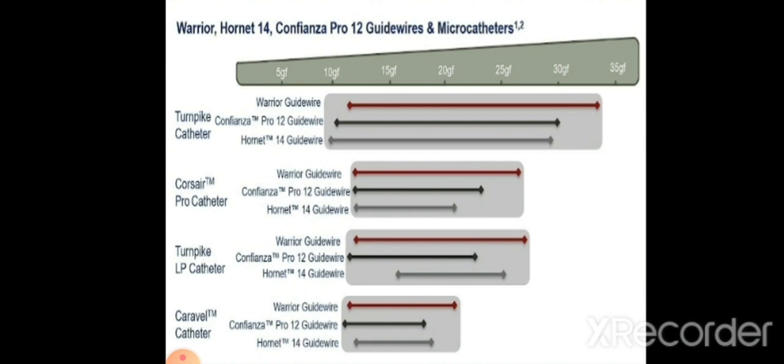Also, if we have very heavy guide wires like Warrior, Hornet 14 or Confianza Pro 12 guide wires with different kinds of microcatheters, you will have a very big range of effective tip load with higher levels of ground forces, reaching about 35 with heavy guide wires with stiffer microcatheters, and it will be a middle range if you have low profile microcatheters.